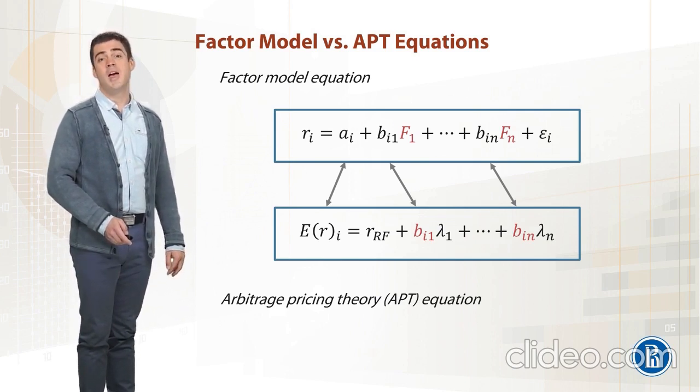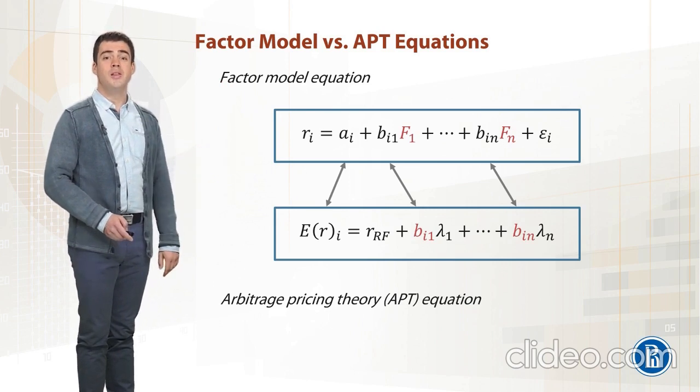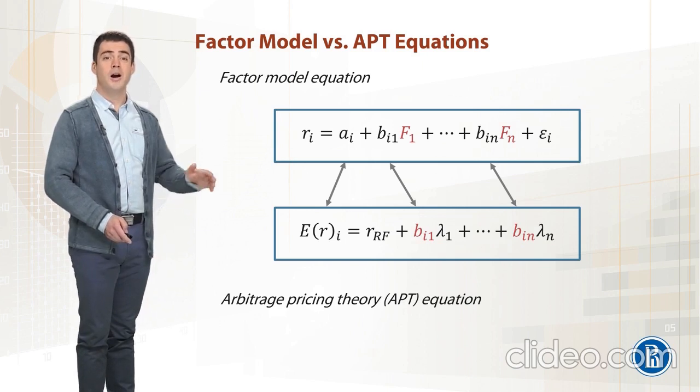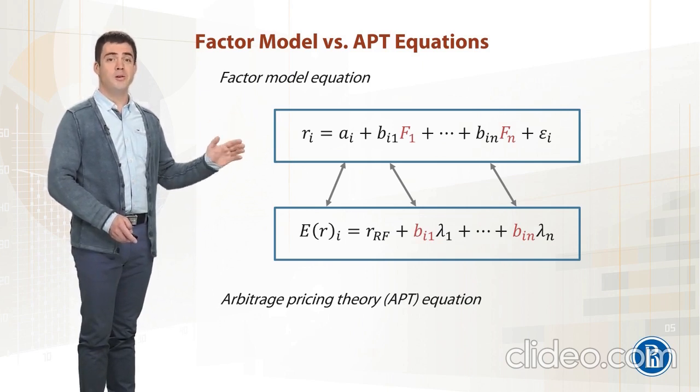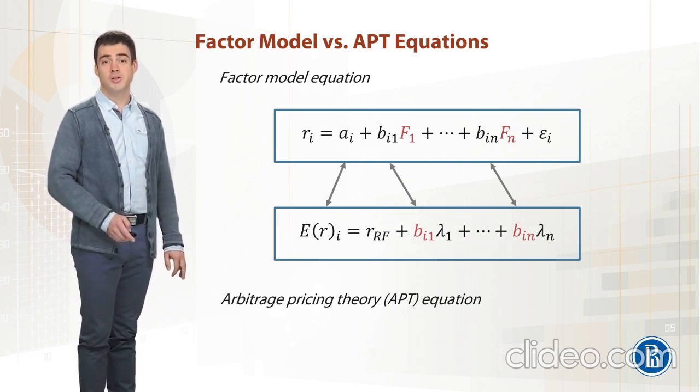A, which is an expected return in the factor model equation, corresponds to the expected return in the APT. The factor sensitivities for the factors specified in the model are just the same both in the factor model equation and in the APT equation as well. The only thing that makes the difference is the purpose of use for these two equations.